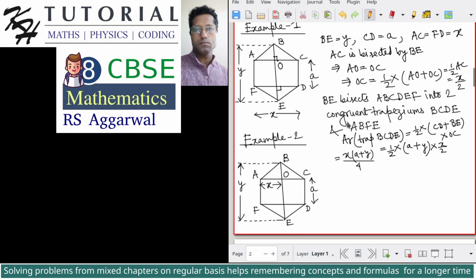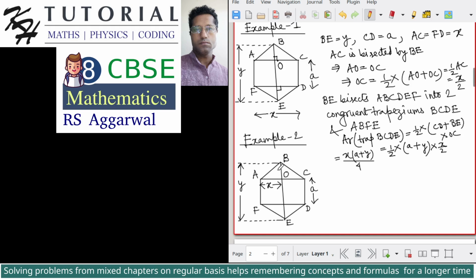Okay, now let's see the same regular hexagon. If different dimensions are given, how do we find the area of the polygon? In this same regular hexagon, the side is given as a, but as you can see, AO is given.